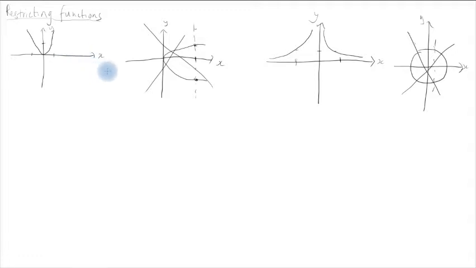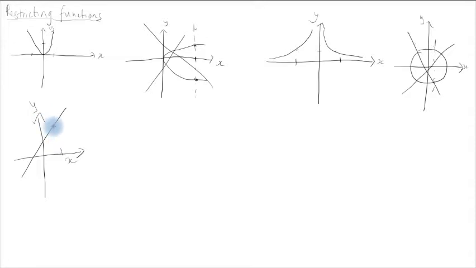Now, a lot of the time it's really helpful to actually restrict these functions to make them one to one, so they're no longer symmetrical. So an example of a graph that is already one to one is a linear graph. For every x value, there is its own y value.